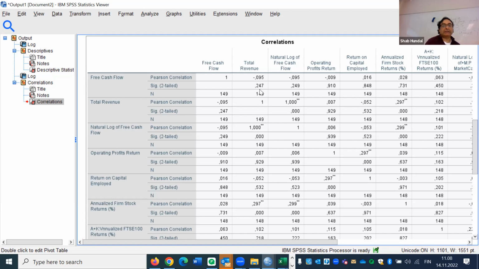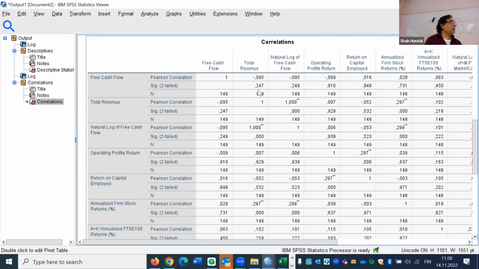And look at the significance level. How much is this? 24.7%. Should we accept it or not? Of course not, because it's more than 10%. So the result would show up no matter what you do. The question is, should we accept this result or not? This result is insignificant.